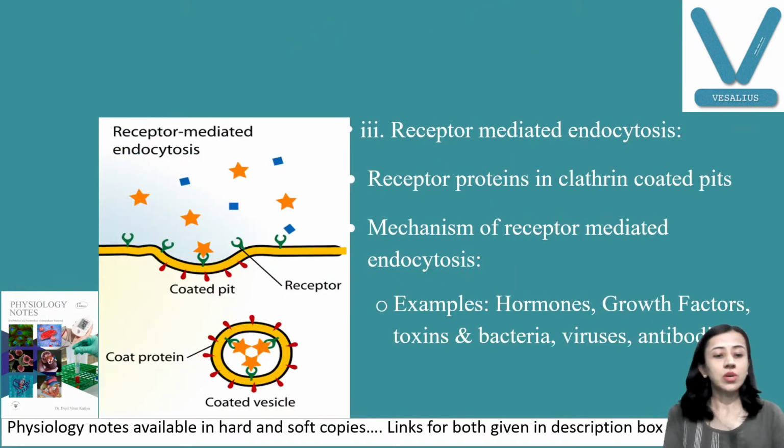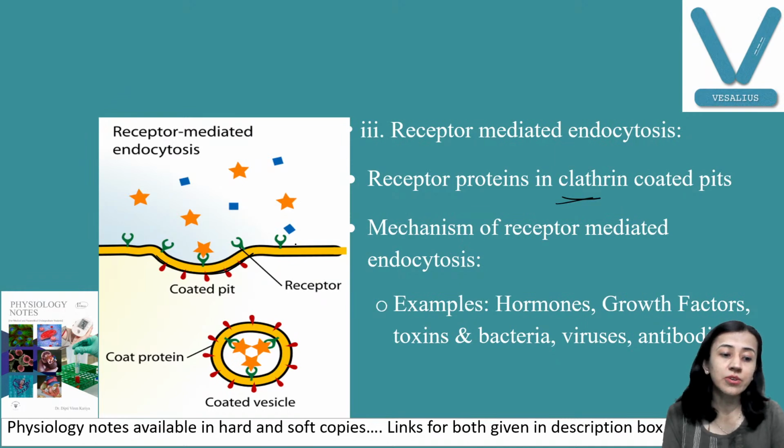Here in receptor mediated endocytosis, you can see there are particular receptors. Receptor proteins are there, and there is a pit. The pit has the receptor, and these pits have clathrin. Clathrin is a substance; clathrin coated pits are there, which have receptors. How does receptor mediated endocytosis happen?